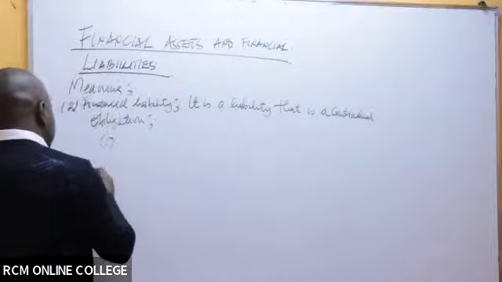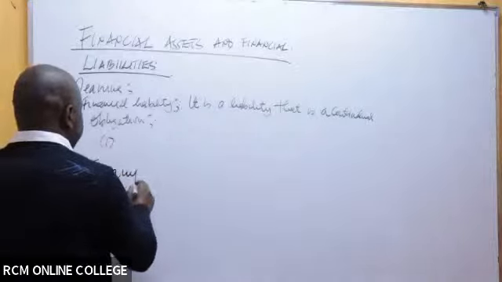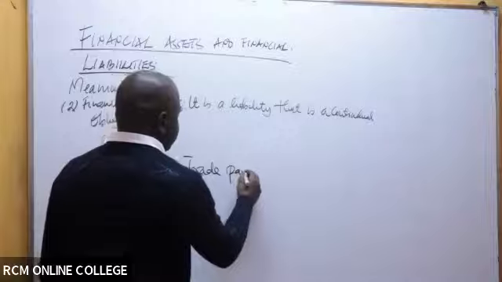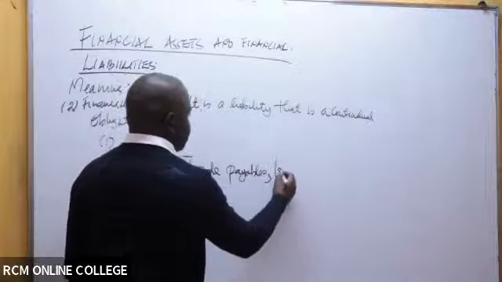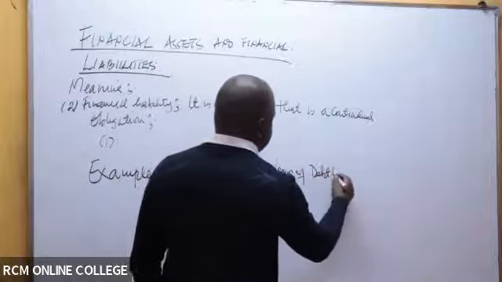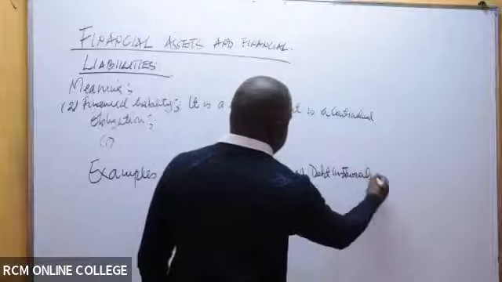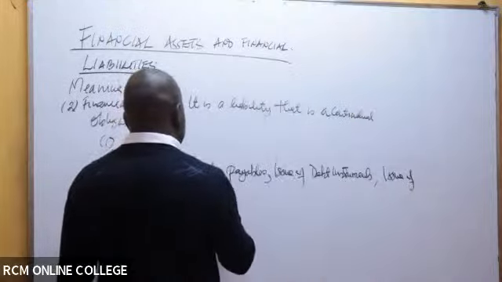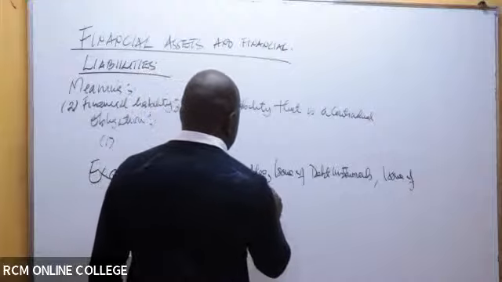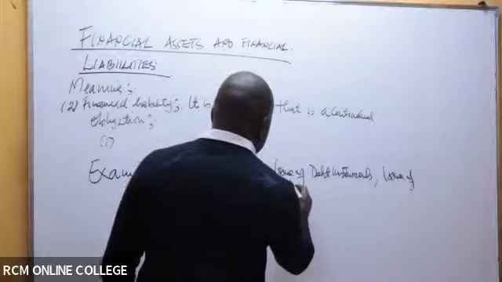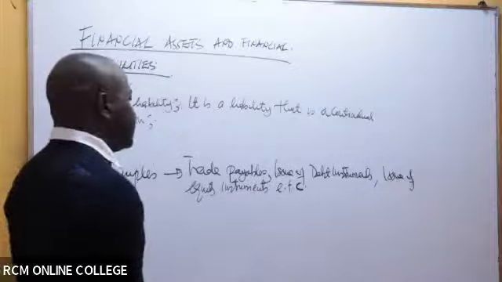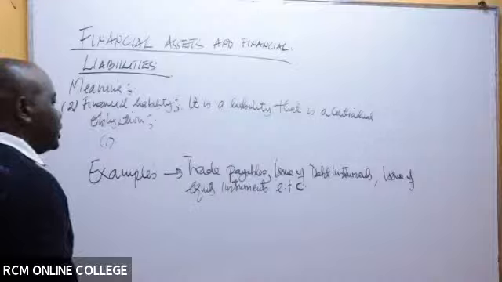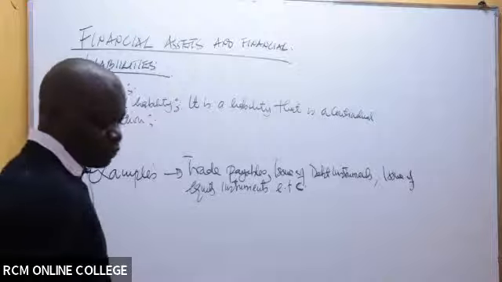So you can now give the examples. For example, trade payables, issue of debt instruments, issue of equity instruments, etc. So you'll be under financial obligation to fulfill the terms.